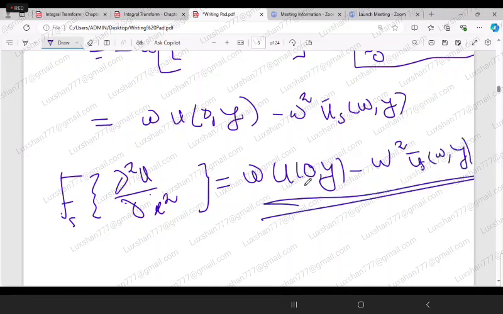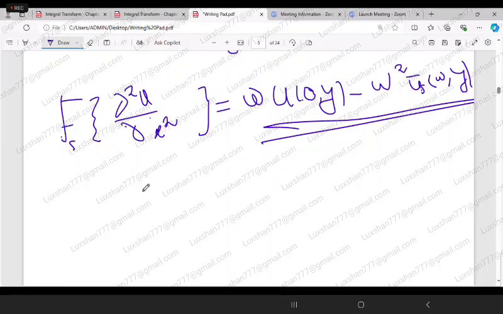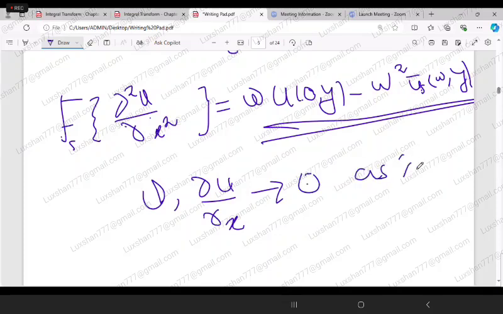That is the formula. Also an assumption is there. What is the assumption we have? u and ∂u/∂x tend to 0 as lambda tends to plus or minus infinity. Under this assumption only we can use this one.